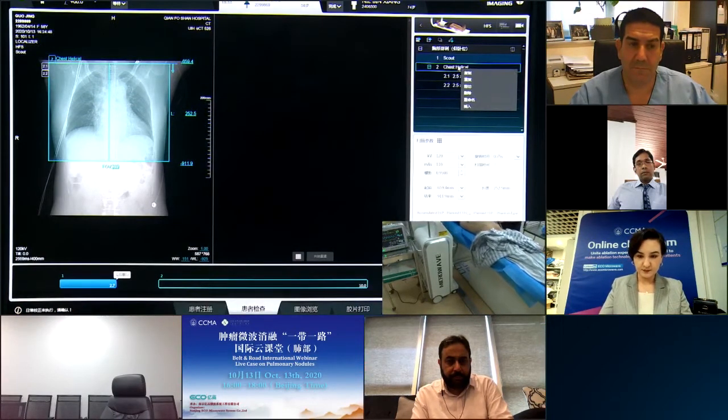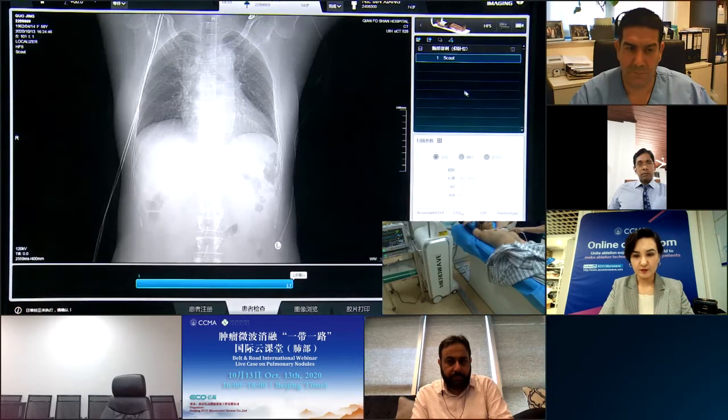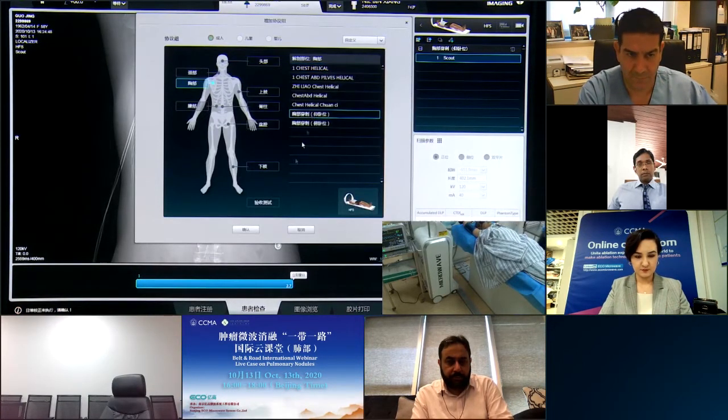So the doctor is placing the marker paper on the thorax wall of the patient.